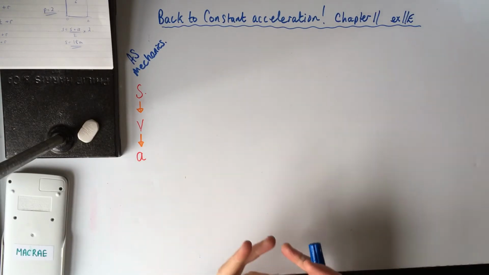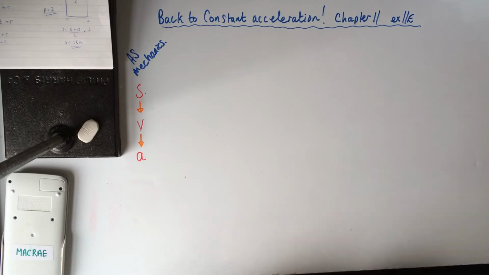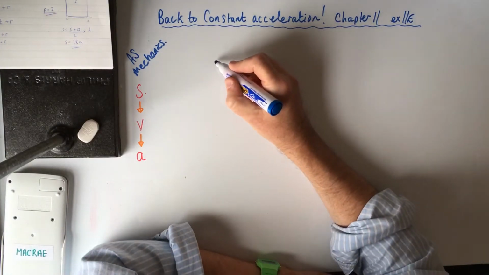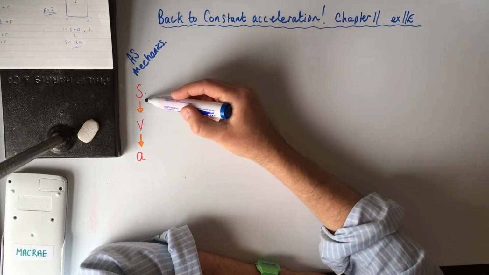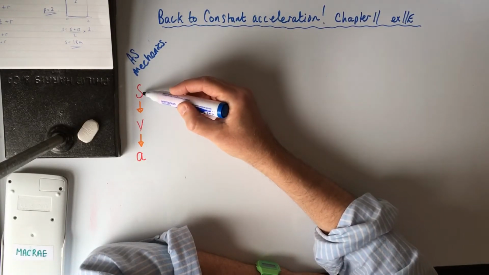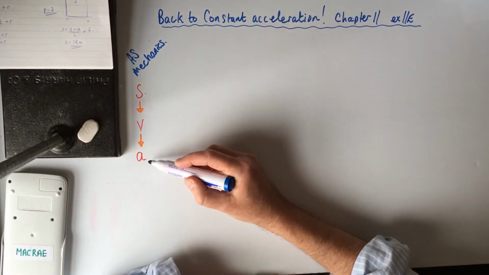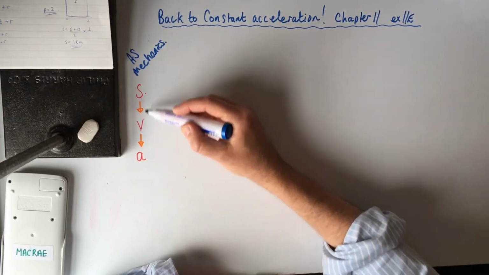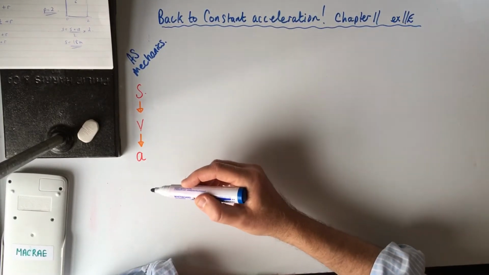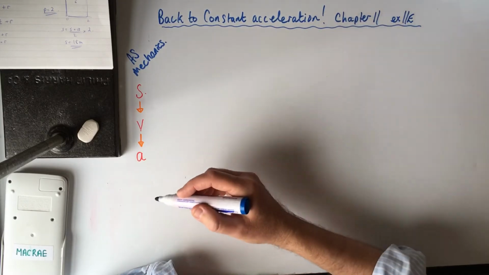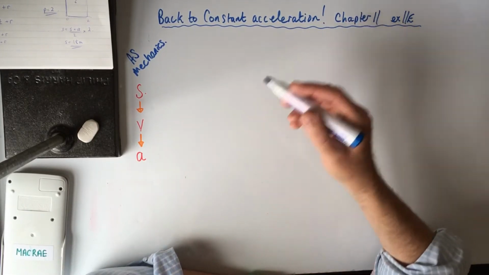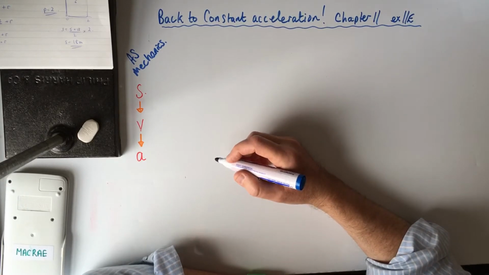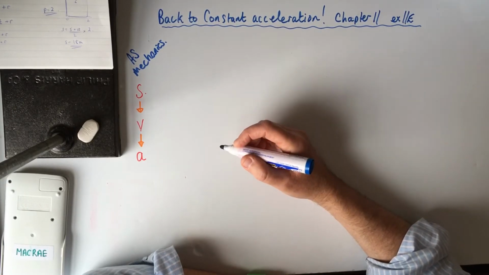I think I might have done it on one of my previous lessons or at the start. It just reminds you that you can differentiate down from displacement to velocity to acceleration and integrate up, whether it's constant acceleration or not. And it reminds you at the very end, going back to Newton's equations, that you can do it for his equations as well.